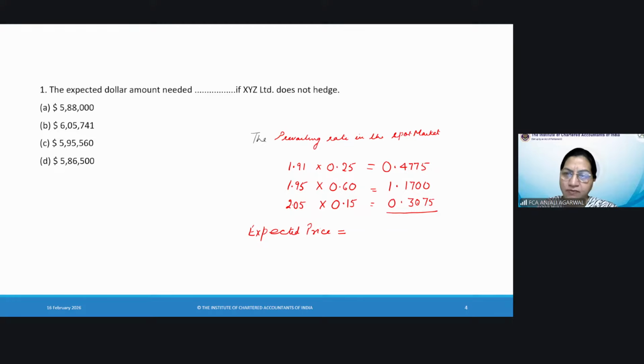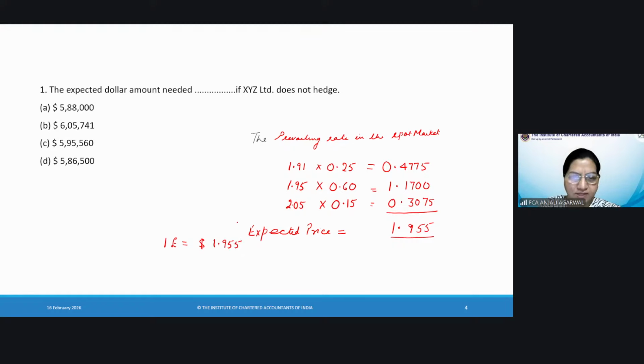So it is 1.1700 plus 0.4775 plus 0.3075. So the expected price would be 1.955. So this is still three decimal places. That means 1 pound will cost us $1.955.